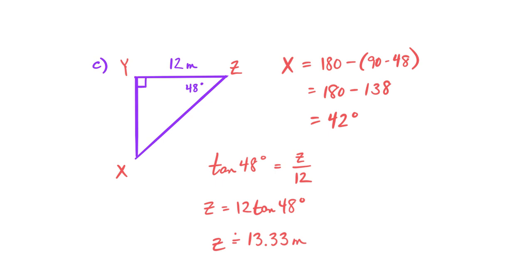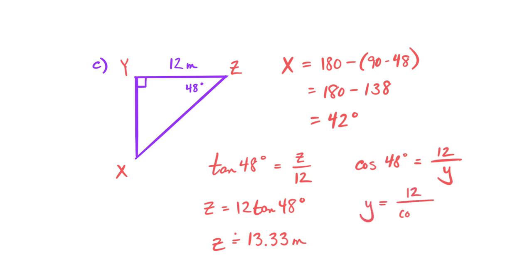Okay, now that I know side Z, I'm left to find side Y. I go back to my given information. From the 48, my 12 is adjacent, side Y is my hypotenuse, adjacent and hypotenuse is cos. So the cos of 48 is my adjacent over my hypotenuse. And same thing. I hope we're okay if I jump straight to this line by now.